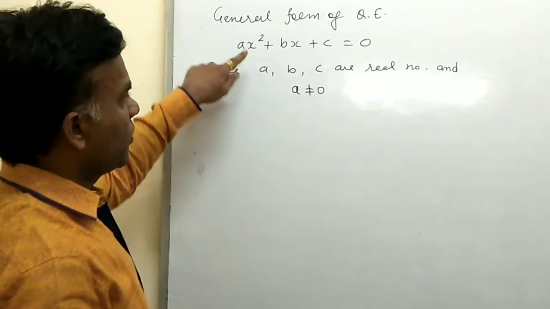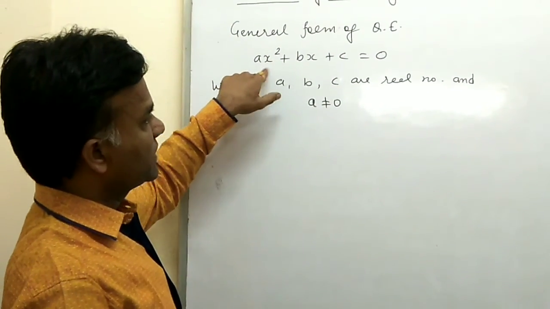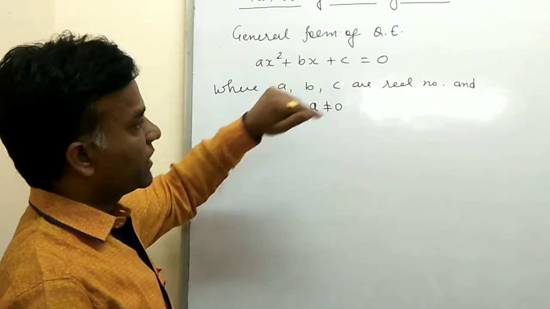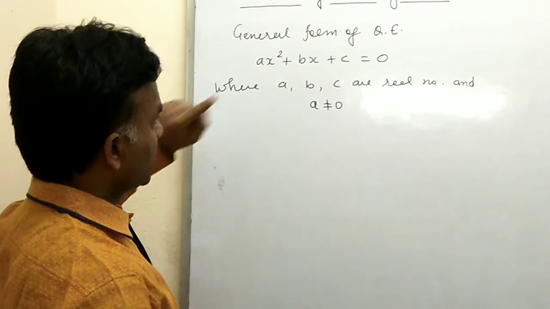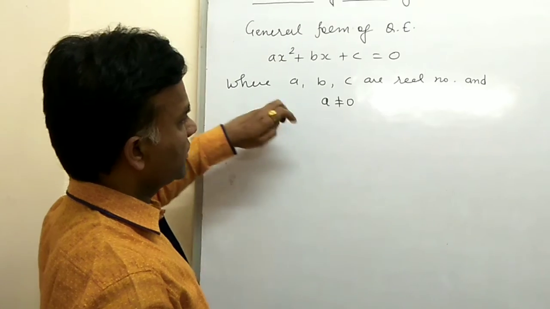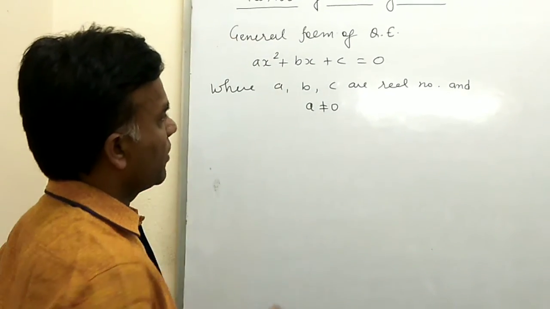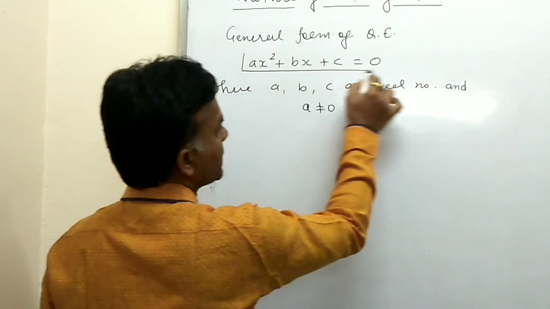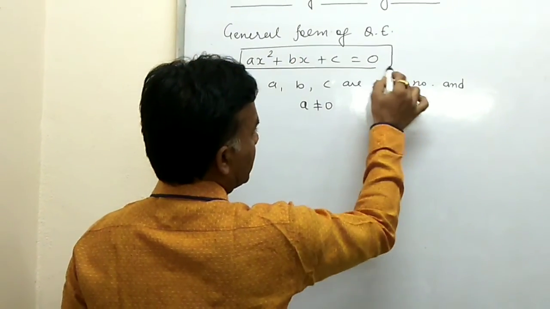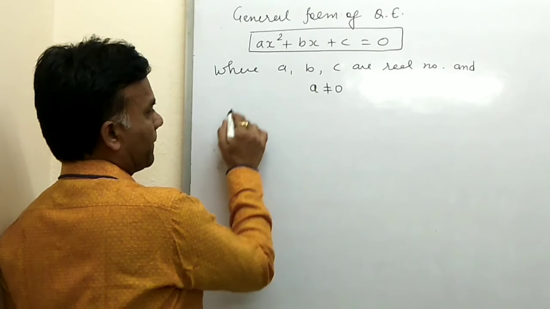Because a is the coefficient of x square. If a is 0, then this is not a quadratic equation. It may be linear, it may be constant. So here a is not equal to 0. This is the definition of a quadratic equation, and the general form is ax square plus bx plus c equal to 0. And then we know the formula.